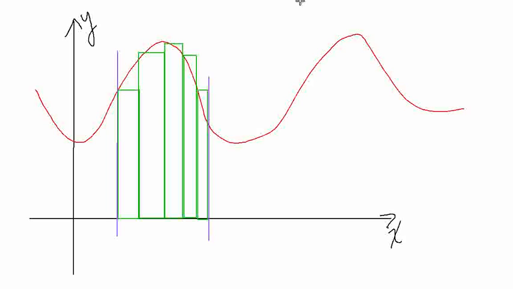Now, what if I wanted a more accurate approximation? Well, I could use more rectangles. I could use narrower rectangles, right? I could adjust the height so that it would give a better approximation. But I could do this process and get as accurate of an area approximation as I wanted to, right?